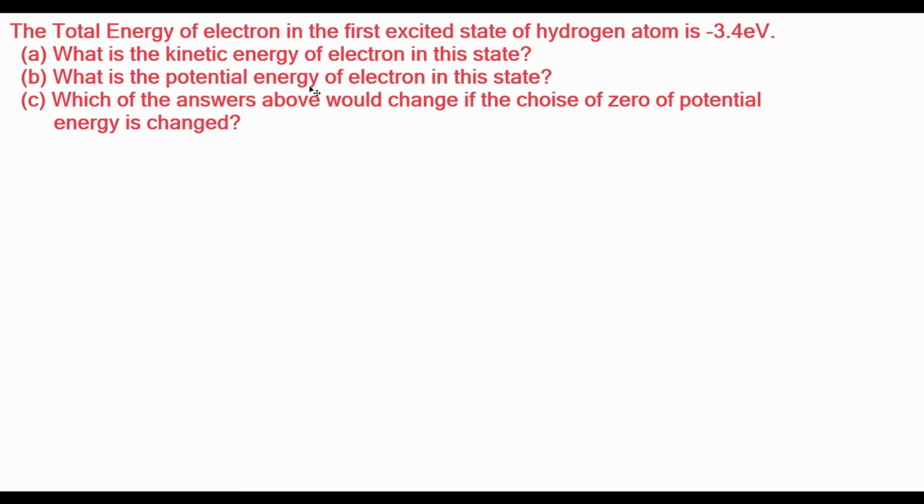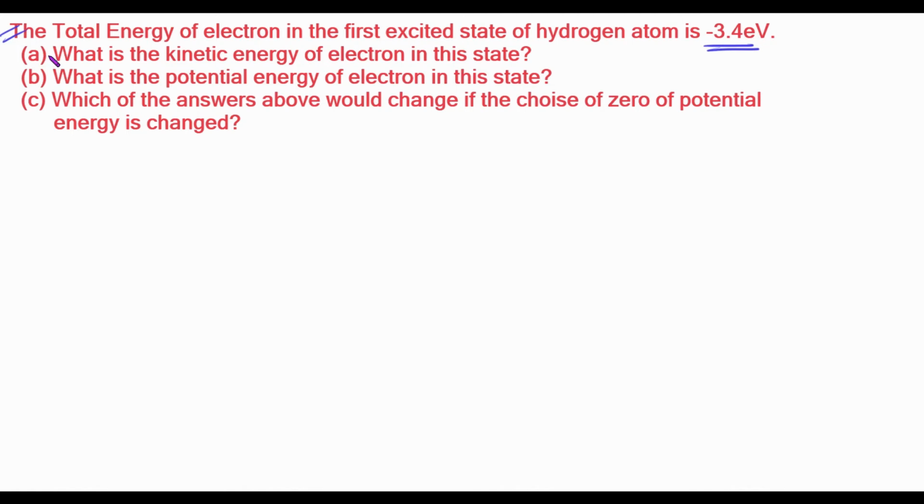Now let's discuss the next numerical. Here the total energy of electron in the first excited state of hydrogen atom is minus 3.4 electron volt, which is the energy at the first excited state. There are three sub questions.